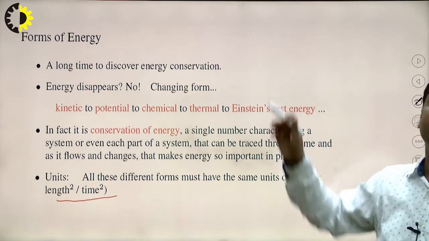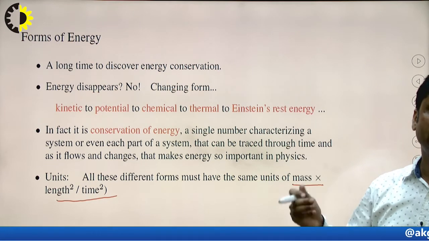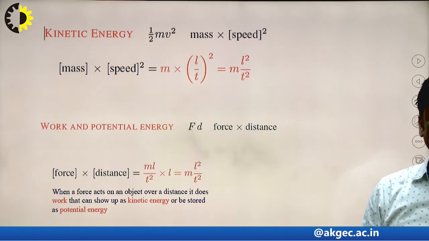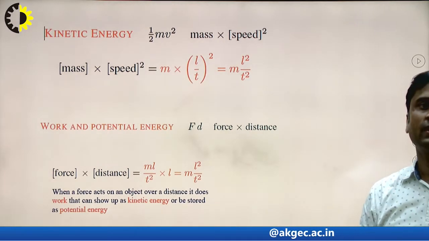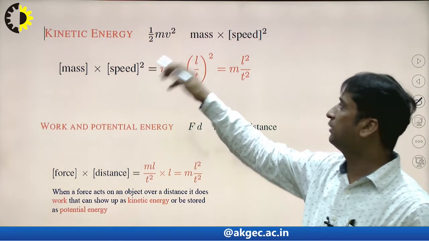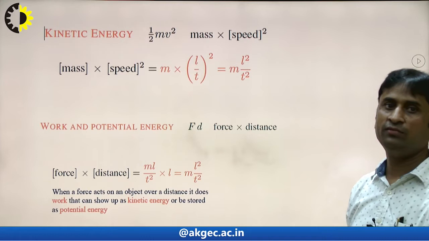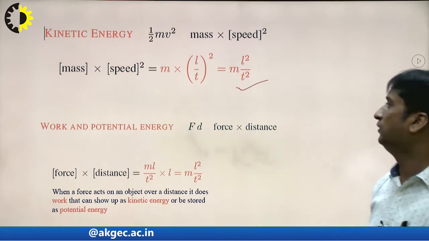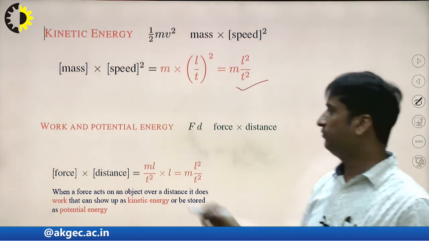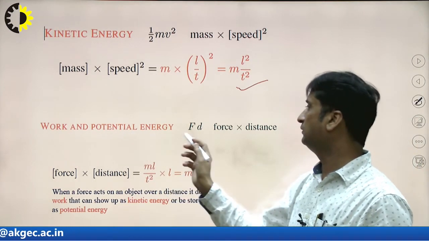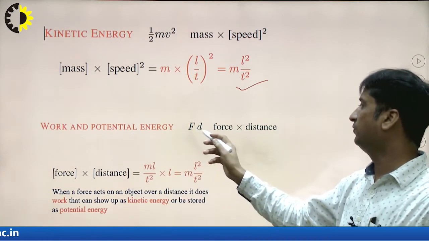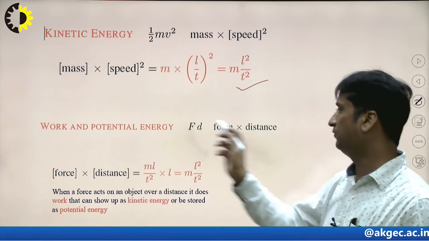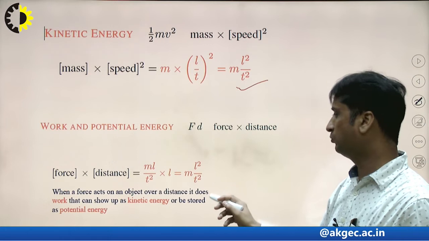The different forms of energy must have the same unit, as we can also see. For example, kinetic energy can be determined using the expression half m v square, where v is the speed; this is the unit for that. Similarly, if you find the work and potential energy, that is force into distance, we get the work m L square by T square.